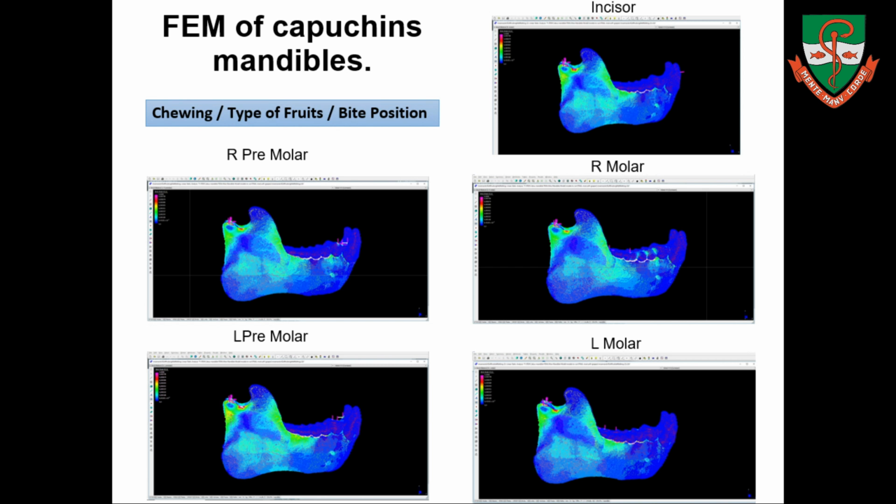I think this is not stress, it's a little bit different from the stress. What we can see is that if we change the bite position in all the models, we have a little difference between those models.